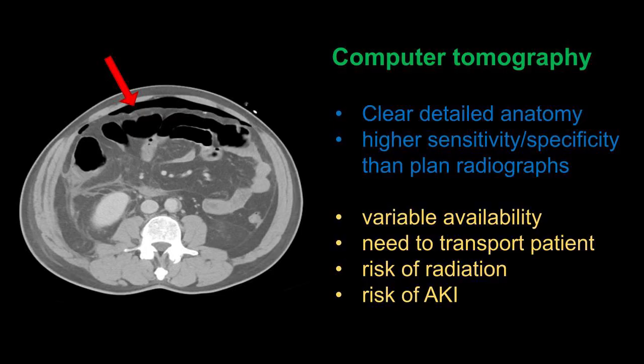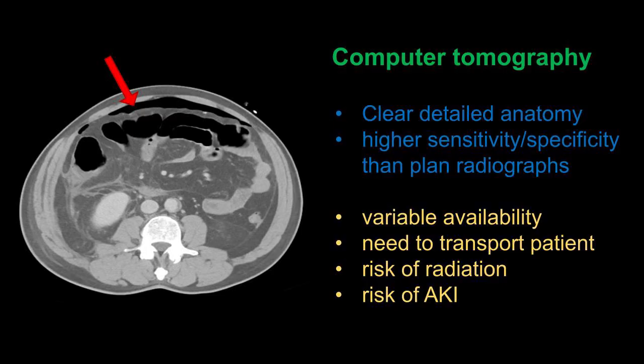And you can delineate the anatomy really quite well with much higher sensitivity and specificity than plain radiographs for detecting abnormalities. A lot of studies have shown that plain radiographs are not very sensitive in terms of picking up abnormalities such as chest infiltrates. And CT is far, far, far superior for detecting subtle abnormalities not picked up on radiographs.